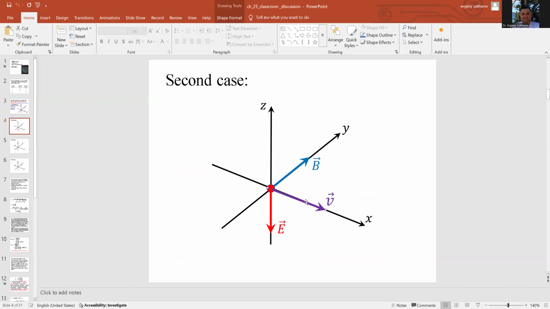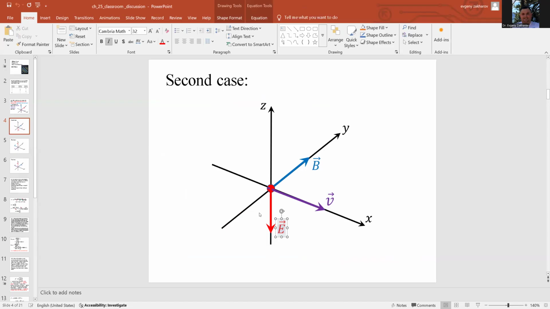V is to the right, and where should you put your four fingers? If you curl into the page, the answer is you have to start from the downward direction.